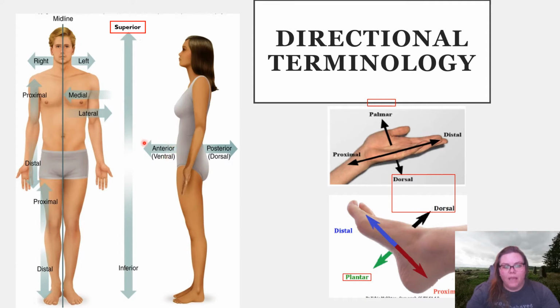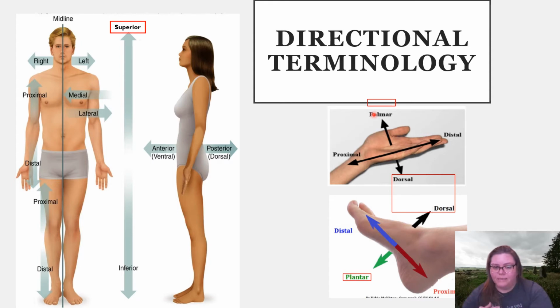You also have the anterior, which is your front, and your posterior, which is the backside, or your posterior is how I remember it. As far as your hands are concerned, you have palmar, which is your palm side, and the dorsal, and you have distal, which remember is distant, and proximal, which is approximate or closer to the body.